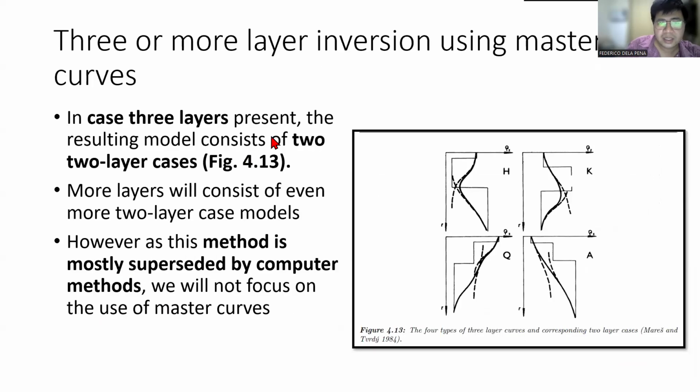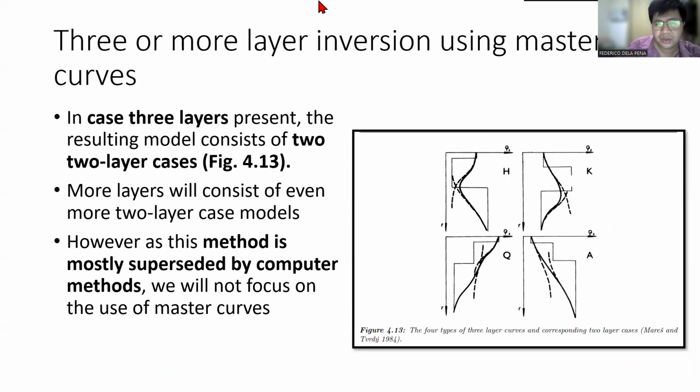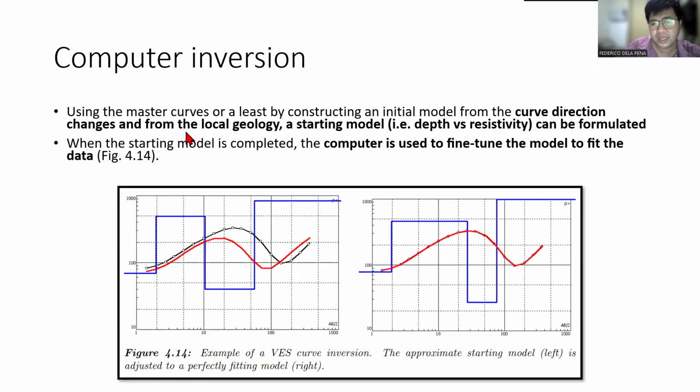If your subsurface has three or more layers, you will simply split the model into multiple two-layer cases. But for our purposes, we're going to be doing this mostly on the computer, using a less rigorous way of inversion in the exercise.